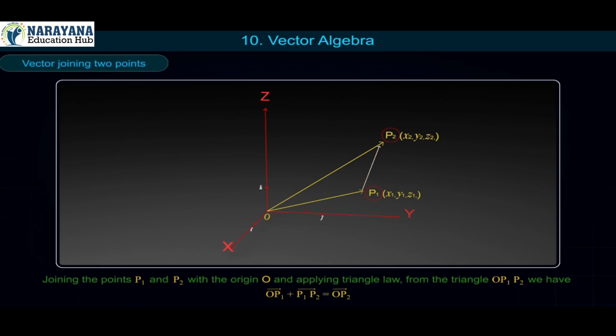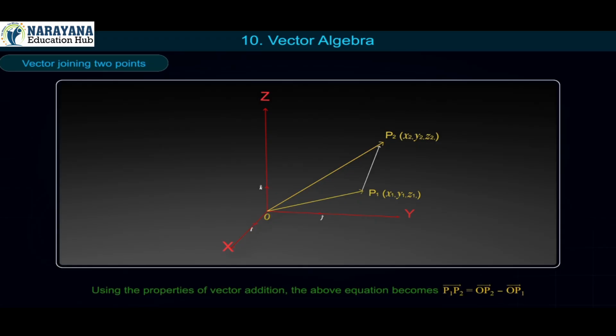Joining the points P1 and P2 with the origin O and applying the triangle law, from the triangle OP1P2, we have vector OP1 plus vector P1P2 is equal to vector OP2.